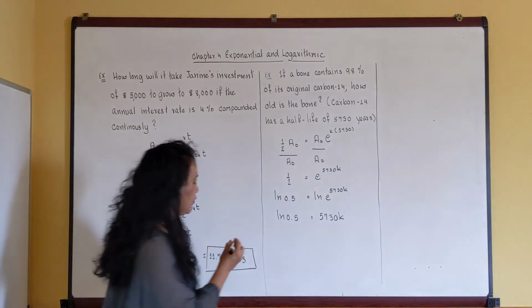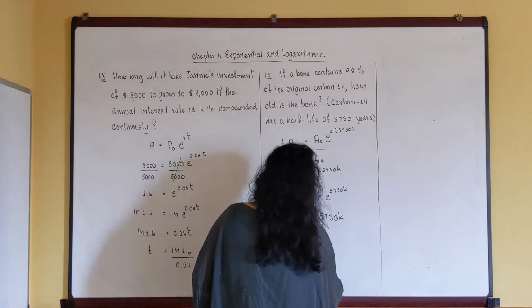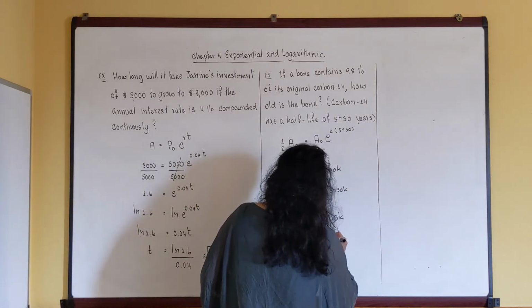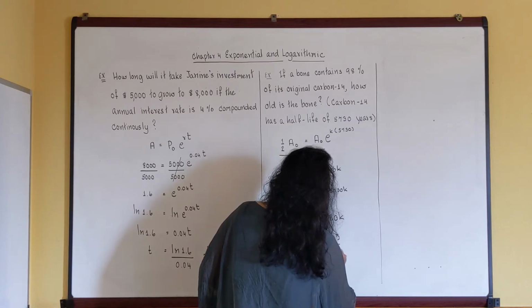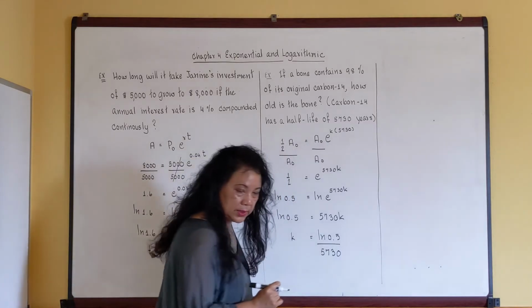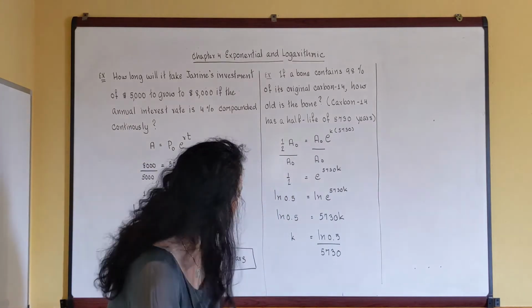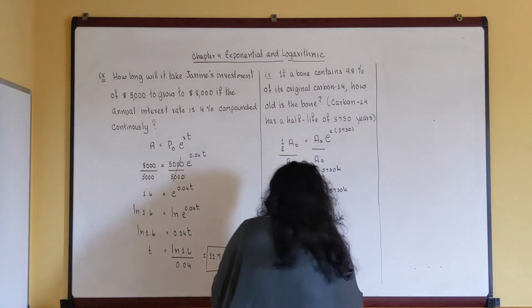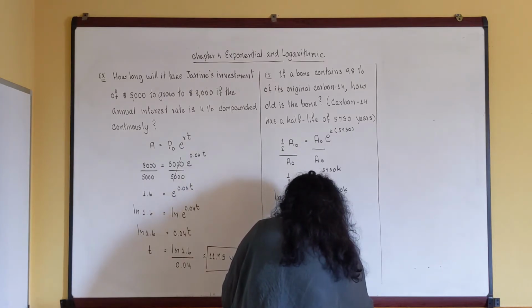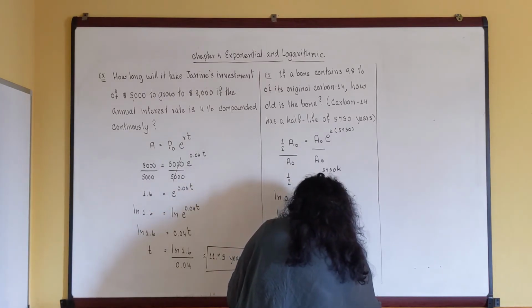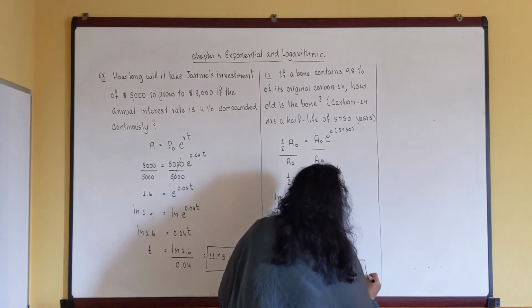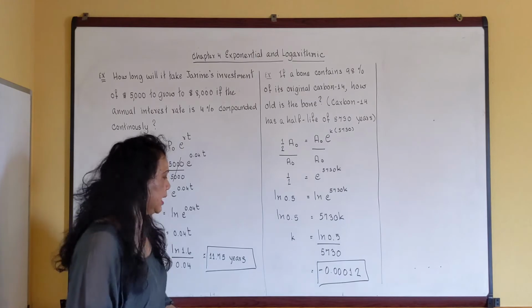From here, you can solve for k. So if we solve for k, my k, which is the constant, would be negative 0.00012. That's my constant, my k.